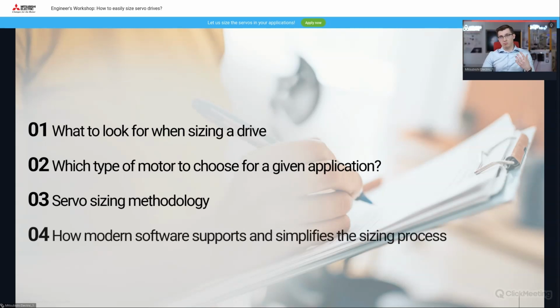And at the end, I will sum up all of this information in an easy to understand diagram, and then we'll go to the software called Motorizer. It is free software from our company that supports you in sizing the drives in a very efficient way. So it will be quicker and a lot easier. Okay, so let's start.